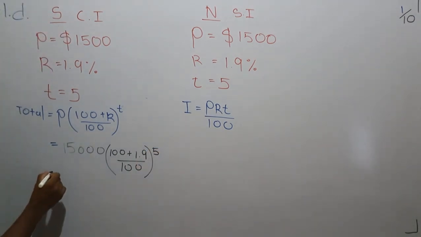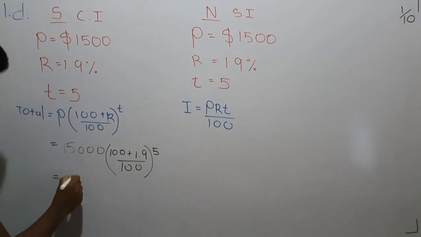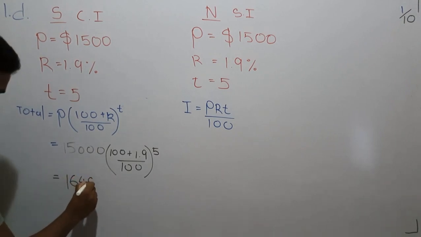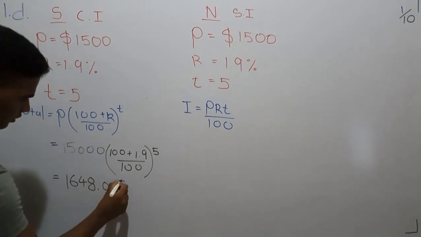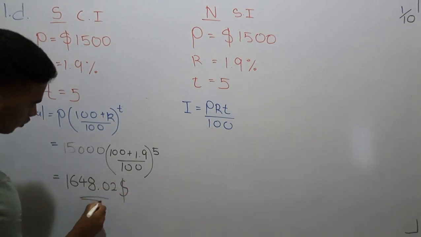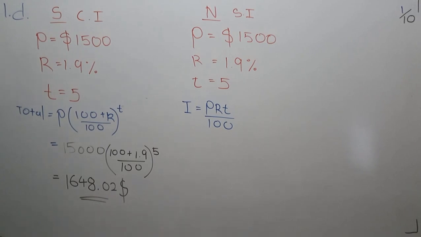So you are getting the total as 1648.02. Dollars. So at the end Samuel is having in his account this much as the total.